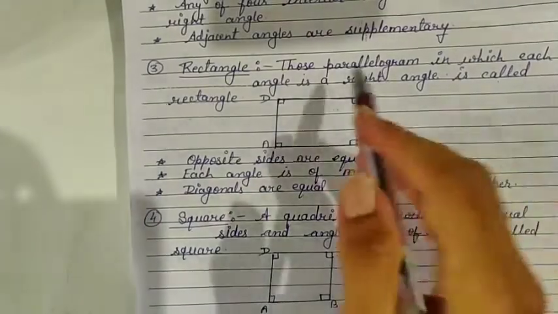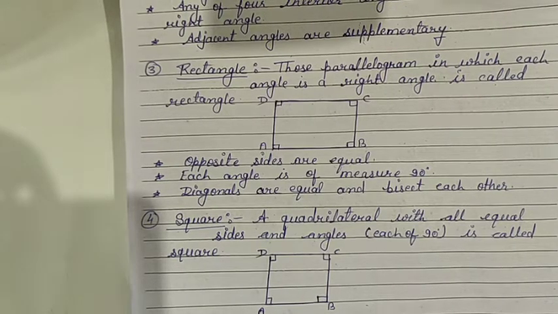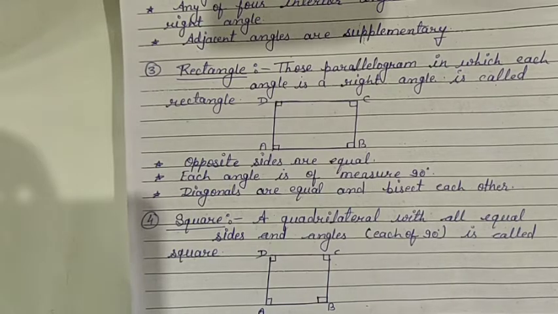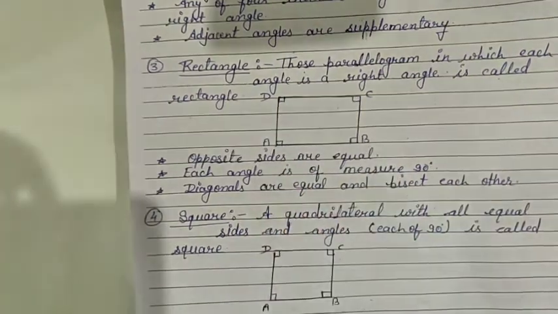Now, a parallelogram in which each angle is a right angle is called a rectangle. A rectangle is a type of parallelogram in which each angle is 90 degrees. This is a diagram of a rectangle.